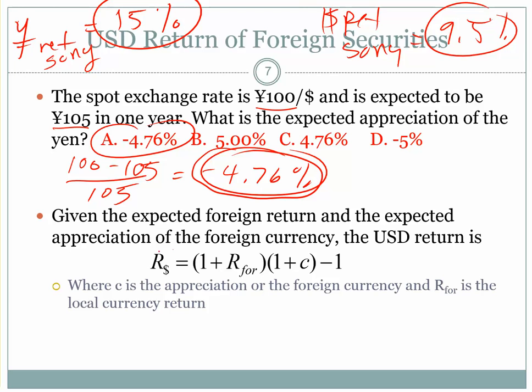There's a shorthand way of trying to compute a US dollar return given the appreciation of the currency and the return in the foreign currency. That's given by this equation here. The dollar return of a foreign investment is 1 plus the foreign return times 1 plus the appreciation of the currency, where C is denoted as the appreciation of the foreign currency. So my dollar return is going to be the yen return times 1 plus the appreciation. That's a negative.